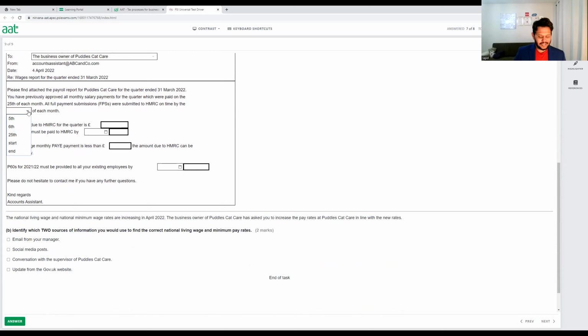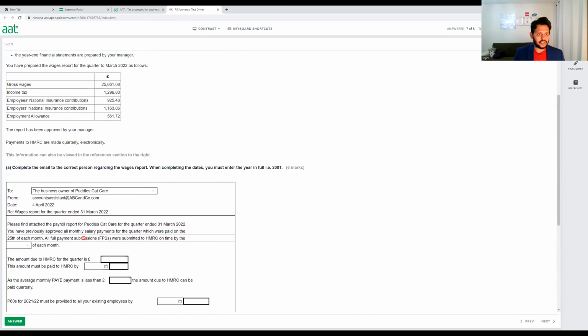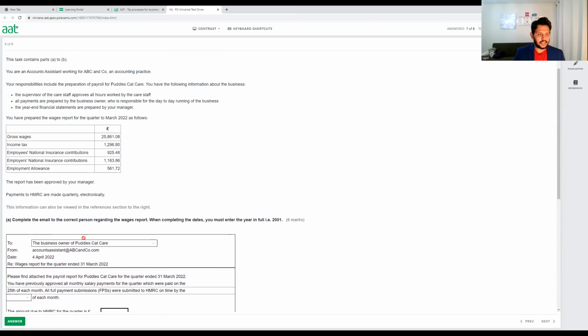Now remember that on the day you make the payment to your employee, normally you have to submit to HMRC at that time. So we need to know when you make the payment to the employee, if we have any information, and how we pay. So let's have a look.